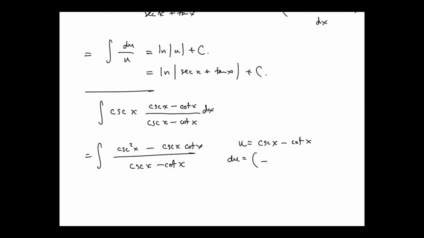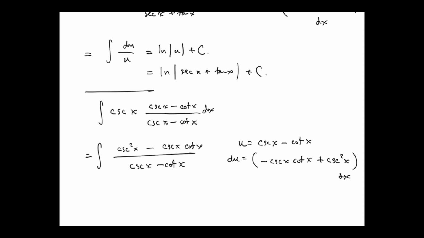Negative cosecant cotangent x. And then what's the derivative of cotangent? Careful. Right, it's negative cosecant squared, but there's already a negative, so this will flip to a plus, like so.